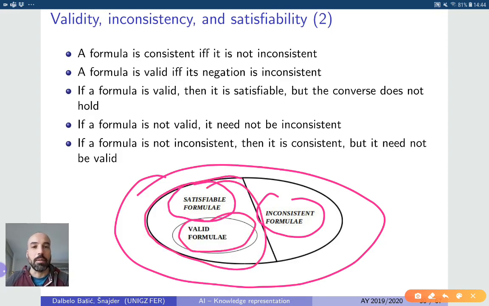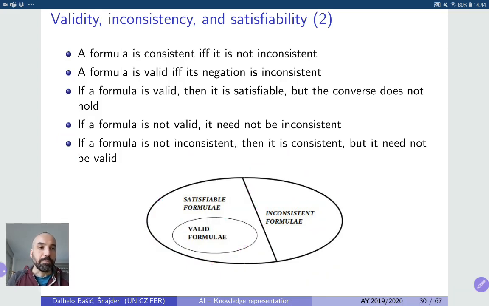So I guess this statement is probably the most important one: if a formula is not inconsistent, then it is consistent or satisfiable, but it need not be valid, since valid formulas are just a subset of satisfiable or consistent formulas.